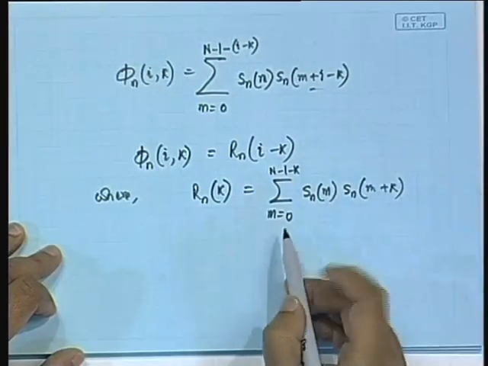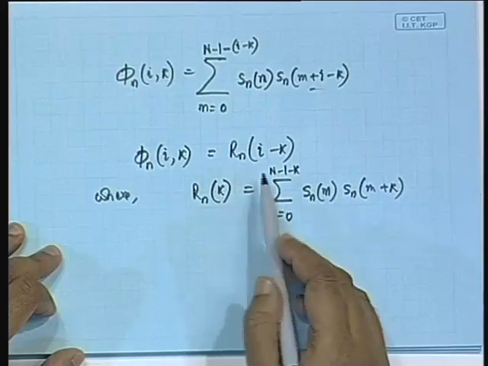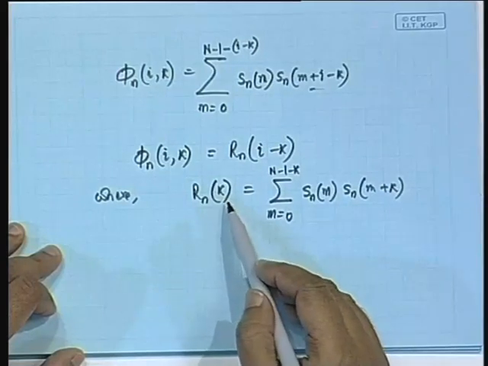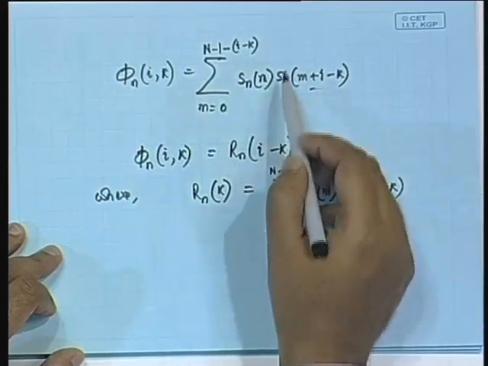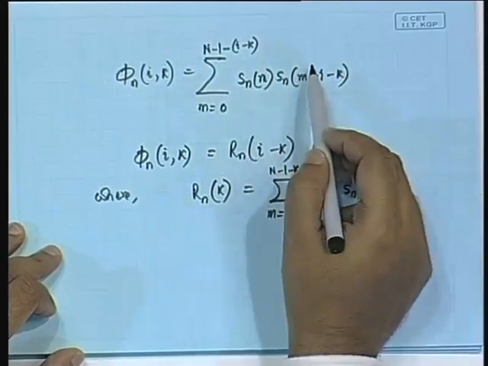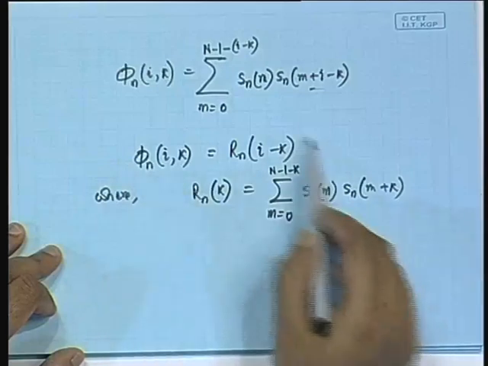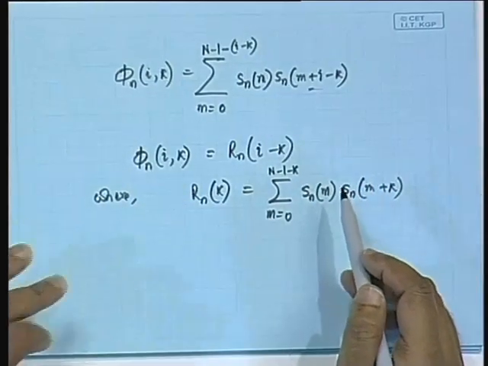So with this definition, just in place of k we put i minus k, and then this equation results. So phi n(i,k) becomes Rn(i minus k).